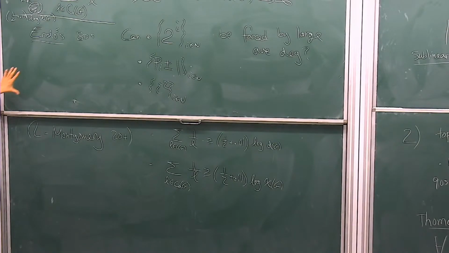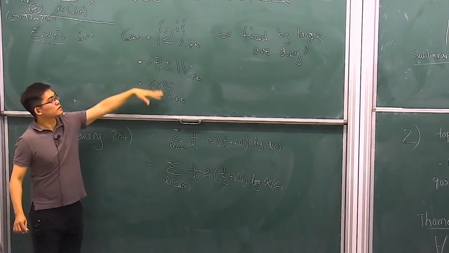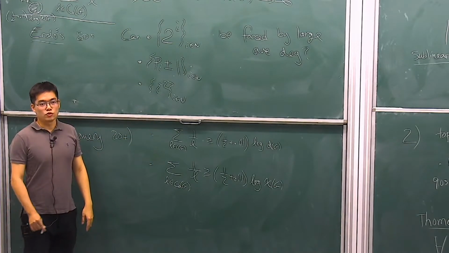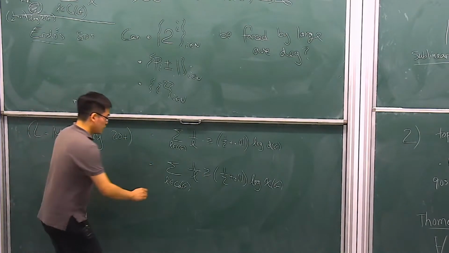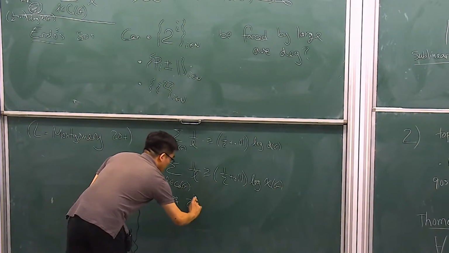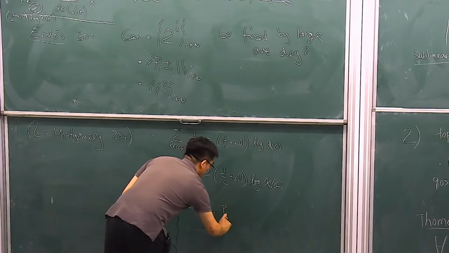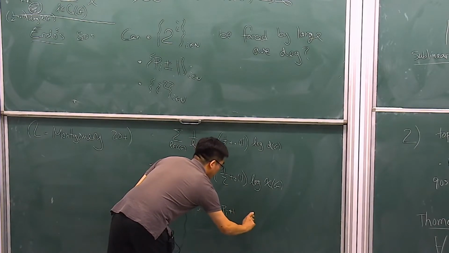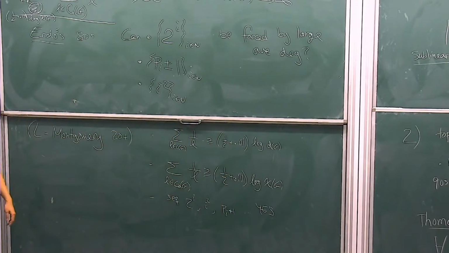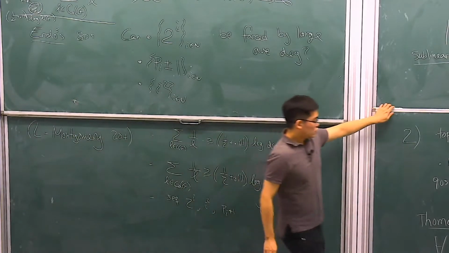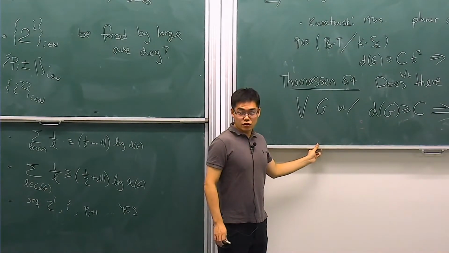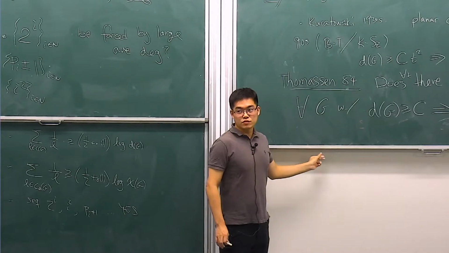And for this specific sequence, we can show that you can force indeed the powers of 2 when your average degree is sufficiently large. And for this specific sequence, the answer is yes. And for the question of Thomassen's cube problem, the answer is also yes. When the average degree is sufficiently large, then you can force a K_t subdivision that's equally divided.